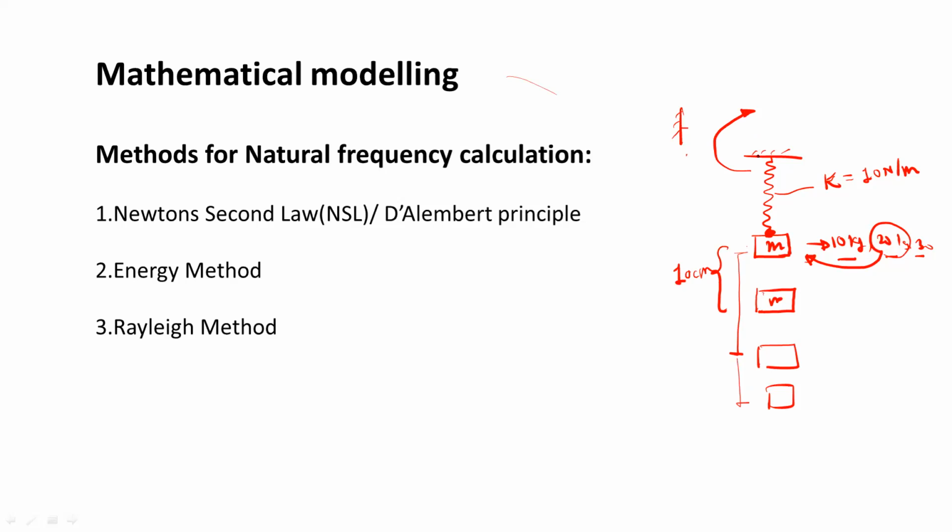So what is that equation? That equation is nothing but spring force equals spring constant into deformation. This one equation is sufficient to find out the deformation by all these weights.